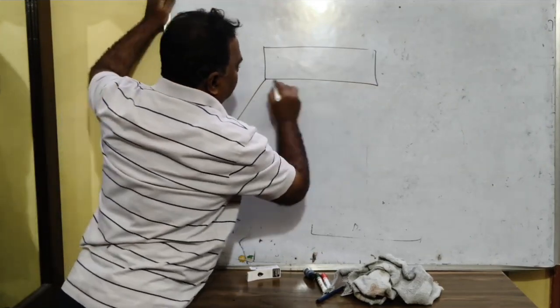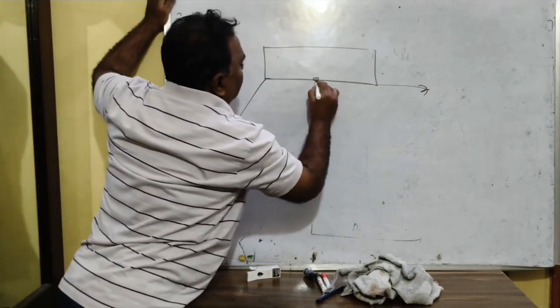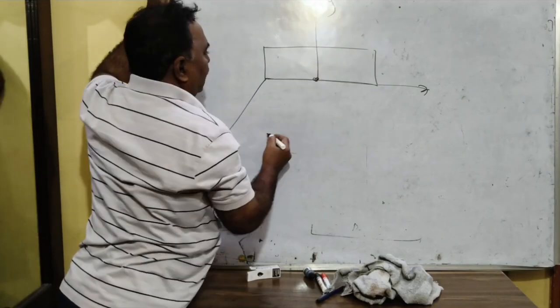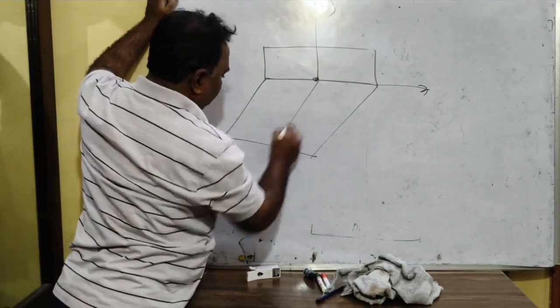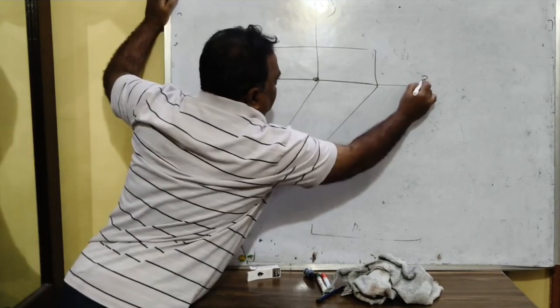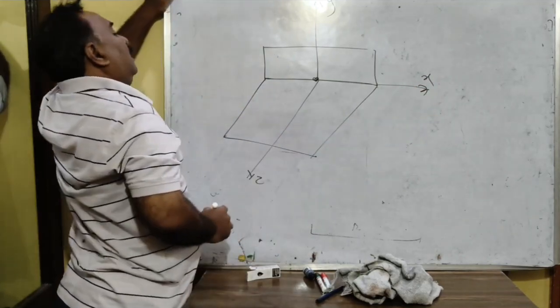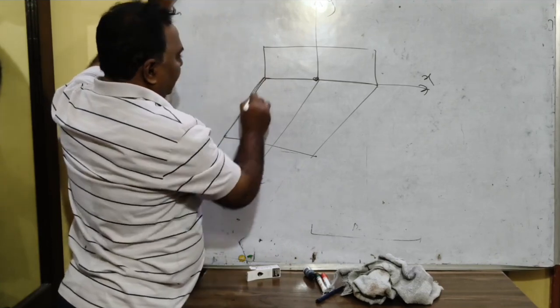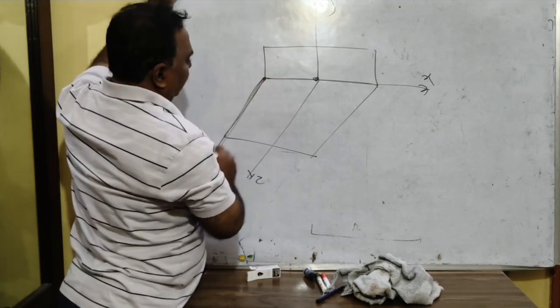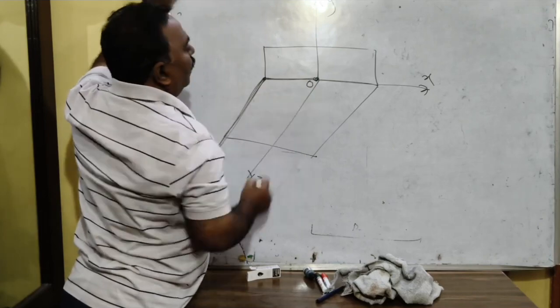This is the xy plane. This is x-axis, this is y-axis. But this is the xz plane. Same, this wire is in the xz plane, a semi-infinite wire. Due to the semi-infinite wire, we are finding the electrical field at point O.